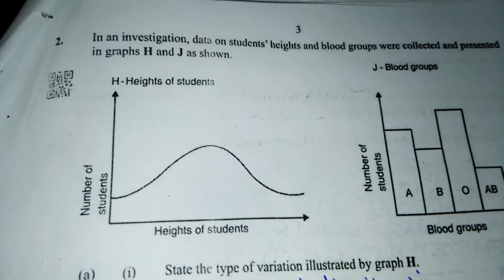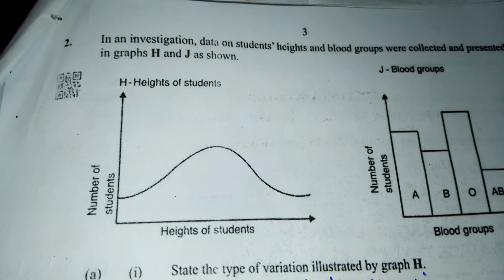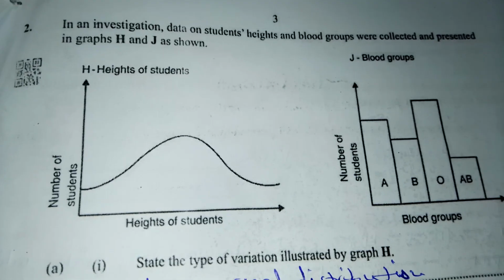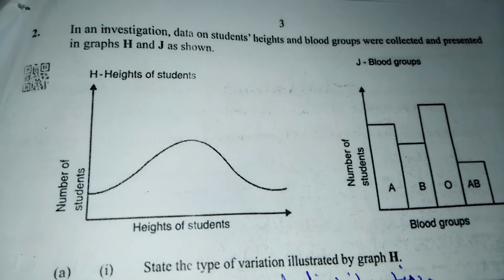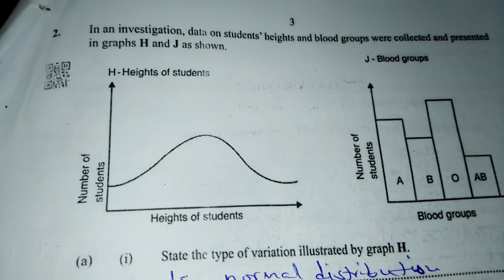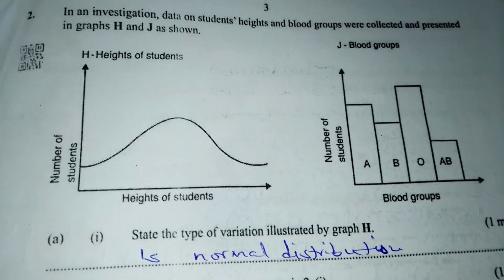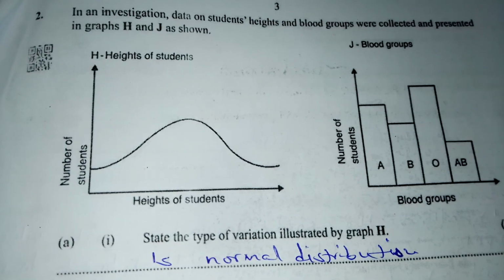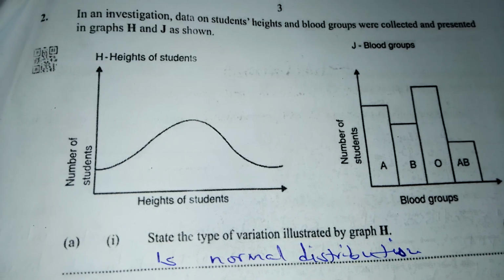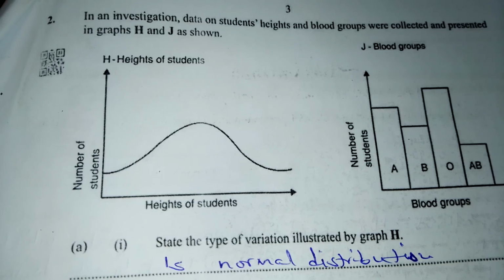It reads: in an investigation, data on the students' height and blood groups were collected and presented in the graphs H and J as shown. So you can be able to study that. You can see the first data that was placed on the graph.